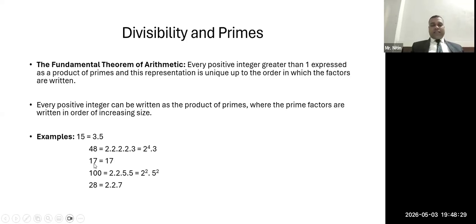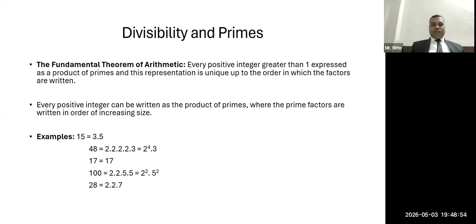One more. So the factor of 17. 17 is divisible by 17 only. Next, 100. So the factors of 100 are 2 into 2 into 5 into 5. So 2 twos, or 2 raised to the power 2, is 4, into 5 into 5, which is 25.